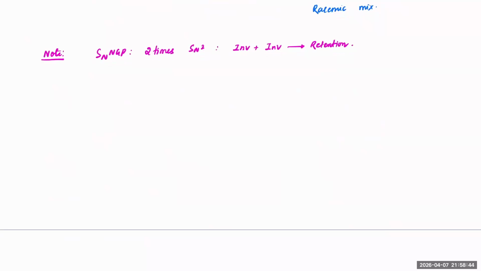One more example, notice, this is a very standard example. Suppose I have C double bond O, OH here. We start with that, and I'm treating this with moist Ag2O. And here I have a chlorine group, let's say.